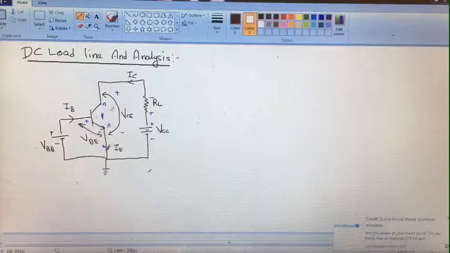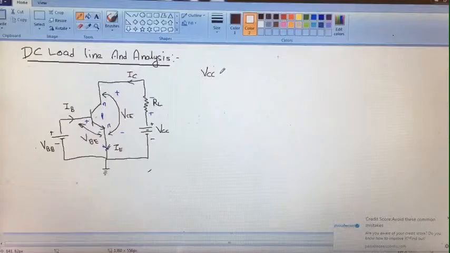Now we need to write down the equation for this circuit. First of all we will select the collector and emitter terminal as a loop and apply Kirchhoff voltage law. According to Kirchhoff voltage law, here VCC is the source and current is moving from this positive terminal to the upside. So this will be positive and this will be negative.